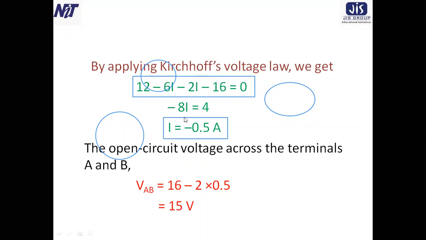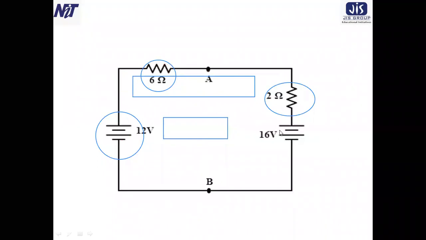Because the current flowing through the circuit is minus 0.5, flowing actually in the opposite direction, from 12 volt, so that is minus 6.